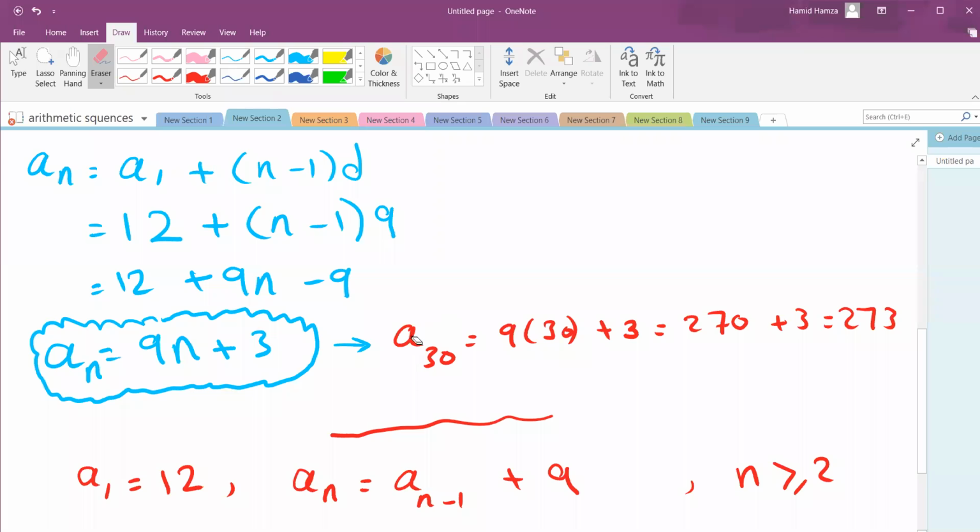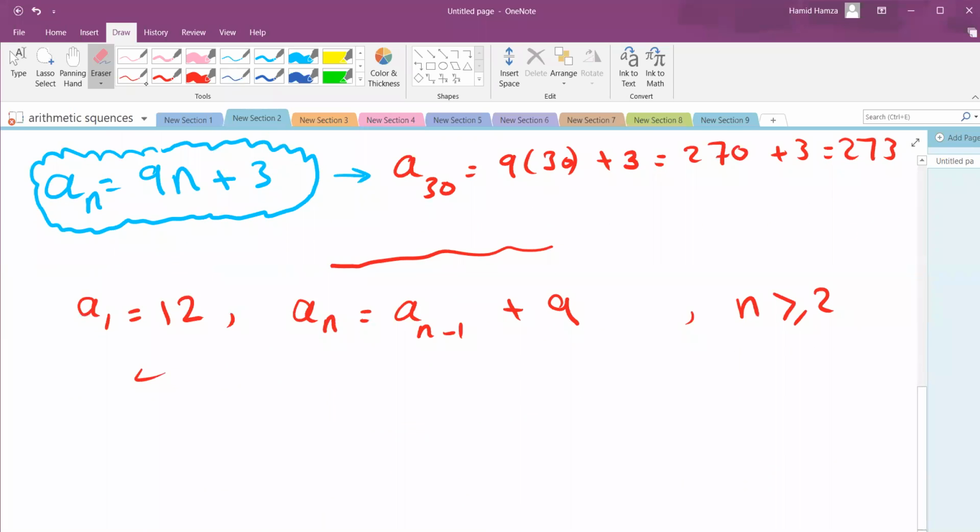I understand the first one, but I don't get how we got to the second one. It is a constant.